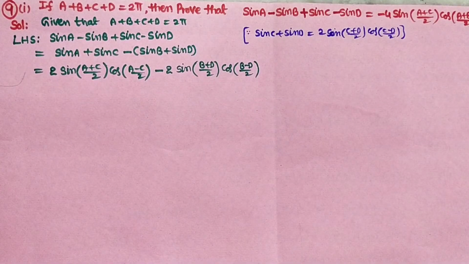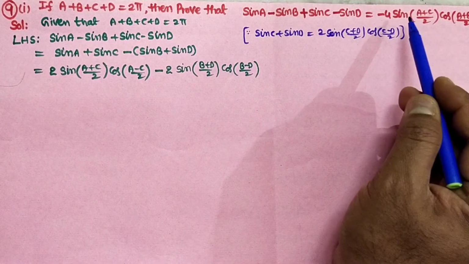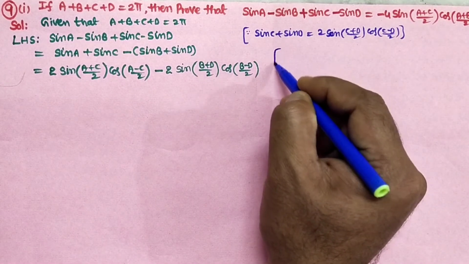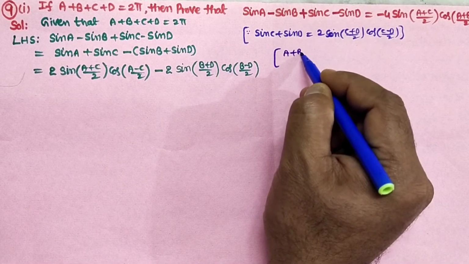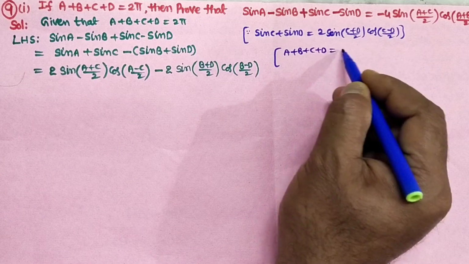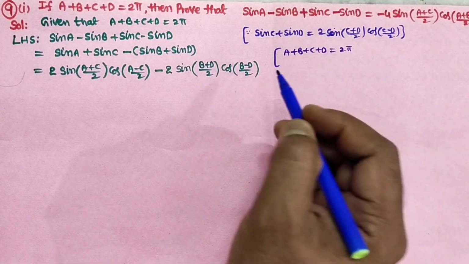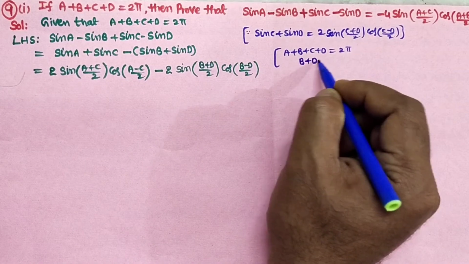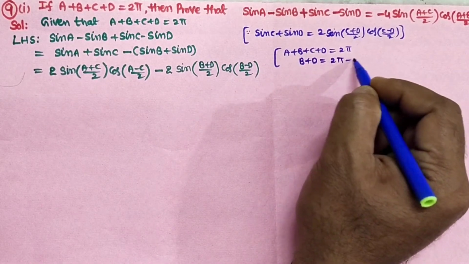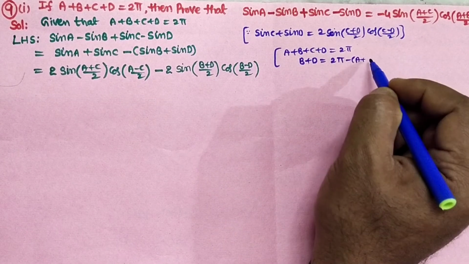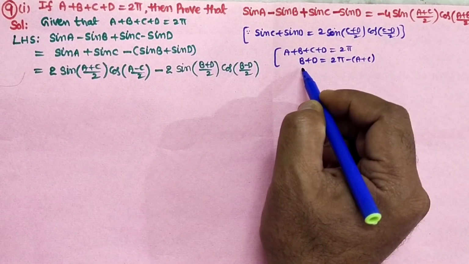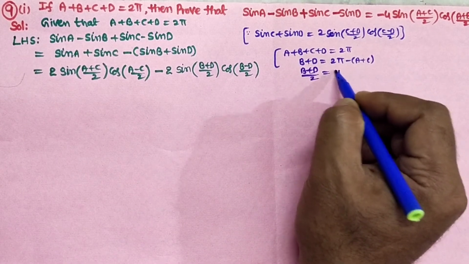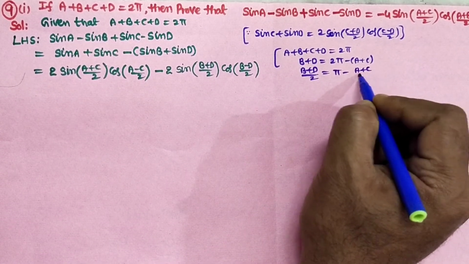After that, sin of (A plus C) by 2 is there in the RHS. We know A plus B plus C plus D equals 2 pi, so B plus D equals 2 pi minus (A plus C). So (B plus D) by 2 is 2 pi by 2, which is pi minus (A plus C) by 2.